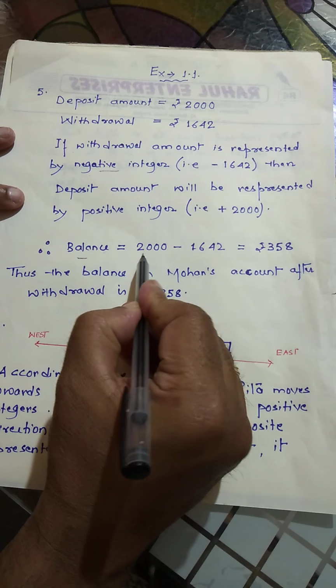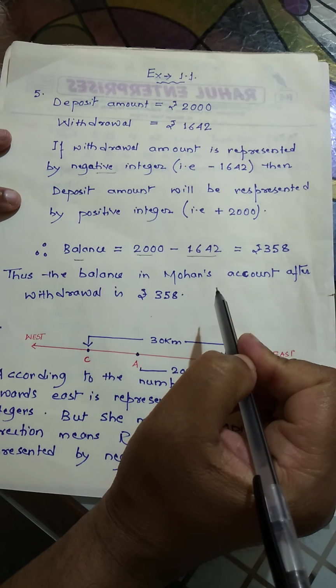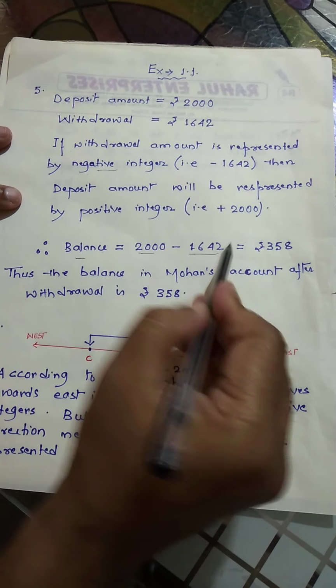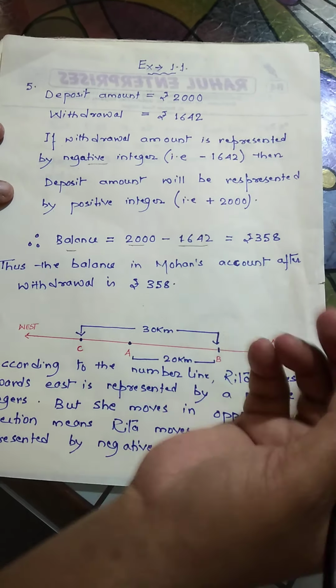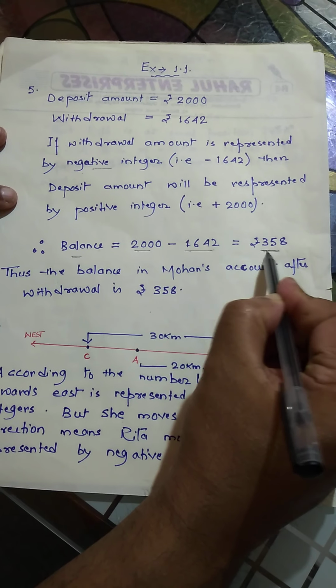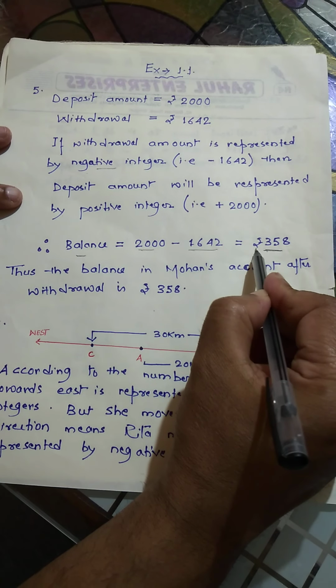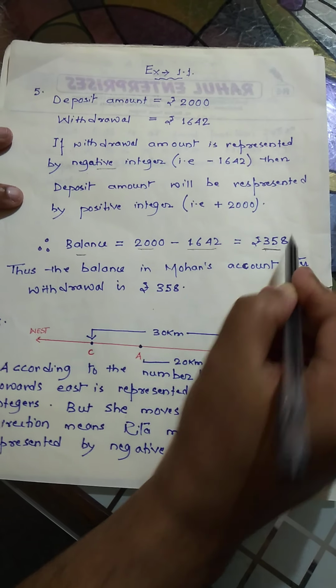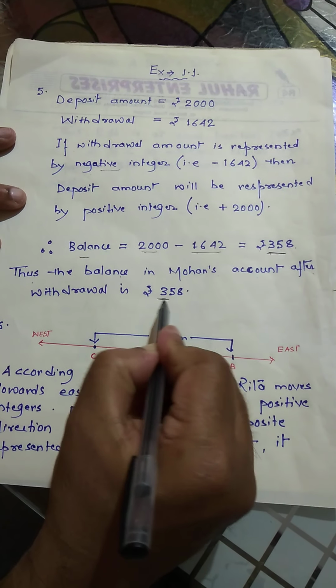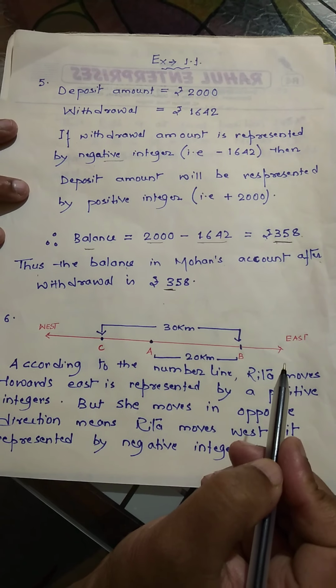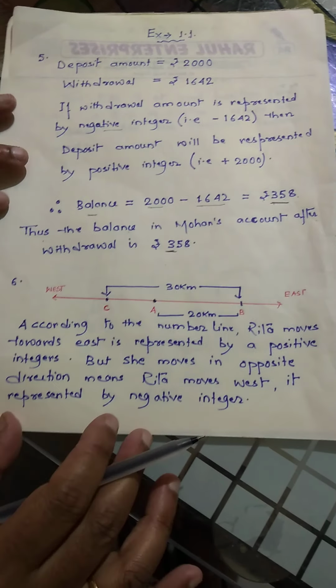Balance is equal to 2000 minus 1642. This is the amount that you deposited and this is the amount that you have taken out. After the amount has been taken out, this is the balance that will stay in the account, that is rupees 358. Thus, the balance in Mohan's account after withdrawal would be rupees 358. This is the solution of question number 5.